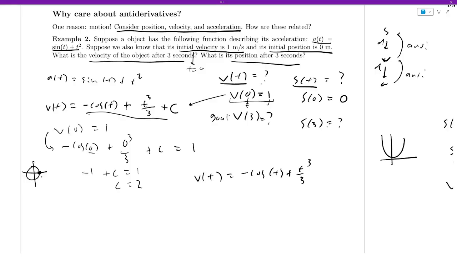But then instead of plus c, I know it's actually 2 here, so plus 2. That's enough already to answer our question here. What's our velocity after 3 seconds? I just have to plug 3 in. So it'll be negative cosine of 3 plus 3 cubed over 3 plus 2.